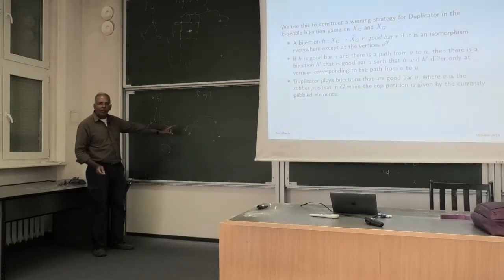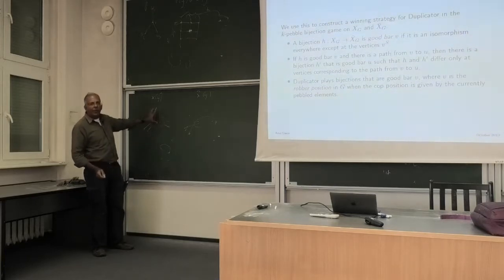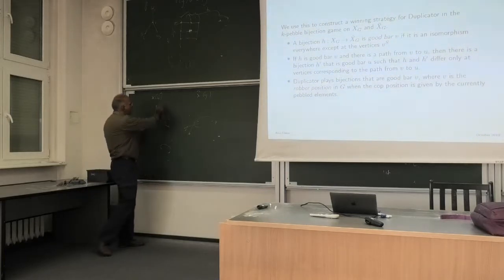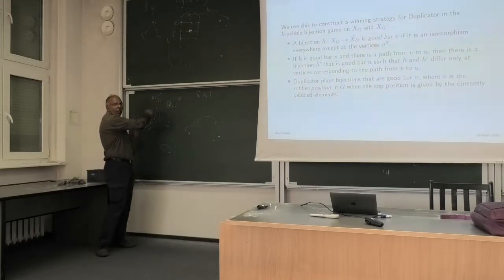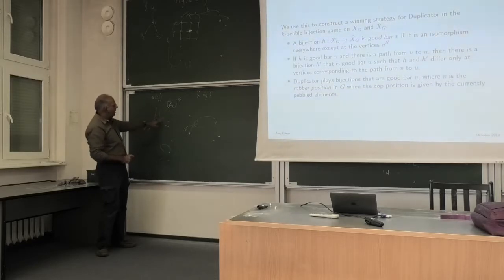You look at the automorphisms of the whole graph XG, and they correspond to a subspace of Z2 to the E, right? But because of these gadgets, it's not the whole space.